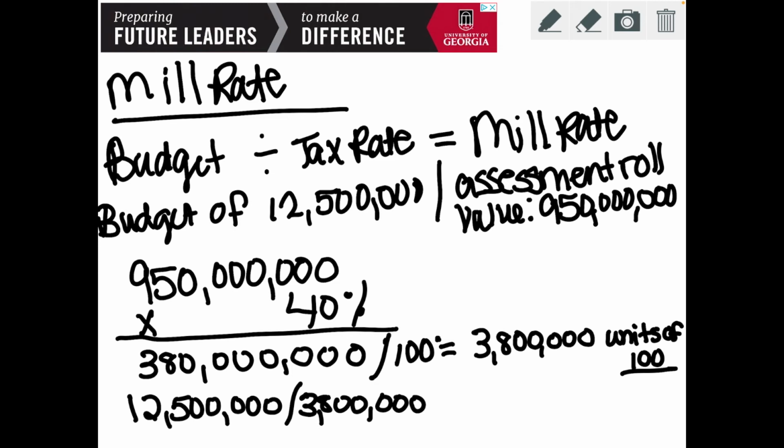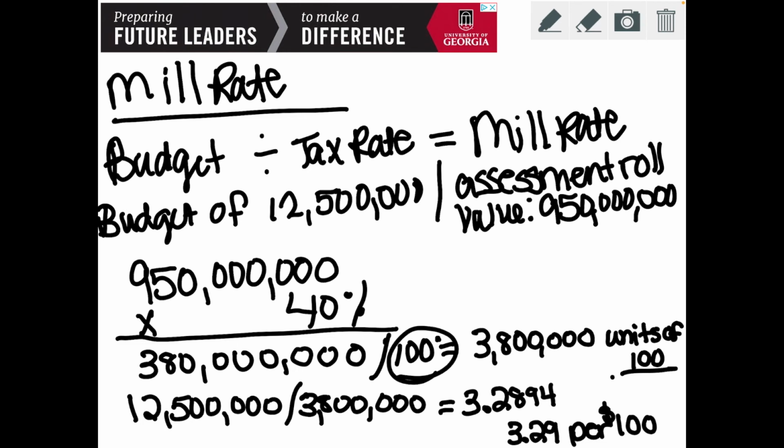So I take the $12,500,000 and I divide by $3,800,000. That's going to give me an answer of 3.2894. I can round that to 3.29 per $100. And it is per $100 because remember we divided by 100 here and we said that this was the units of 100.